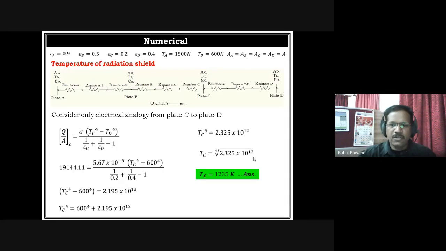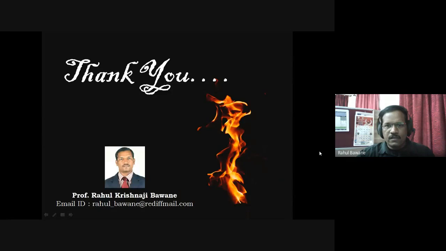And always remember how to tally whether your answer is correct or not: the temperature must be reducing from plate A to D. So it is 1500, then 1444, then 1235, and then 600. So it is reducing. So thank you.